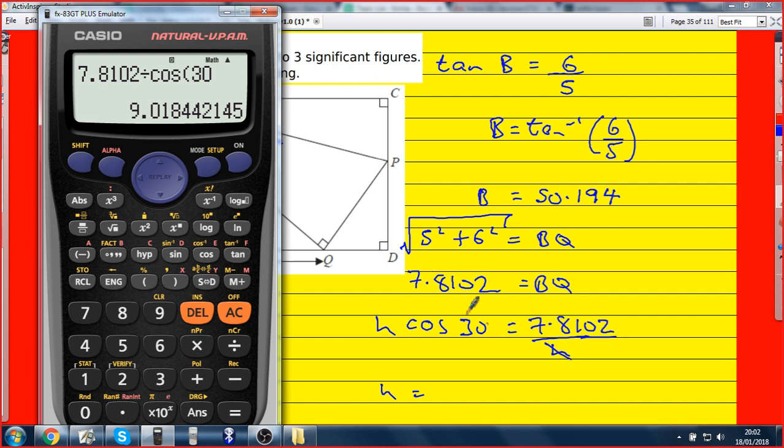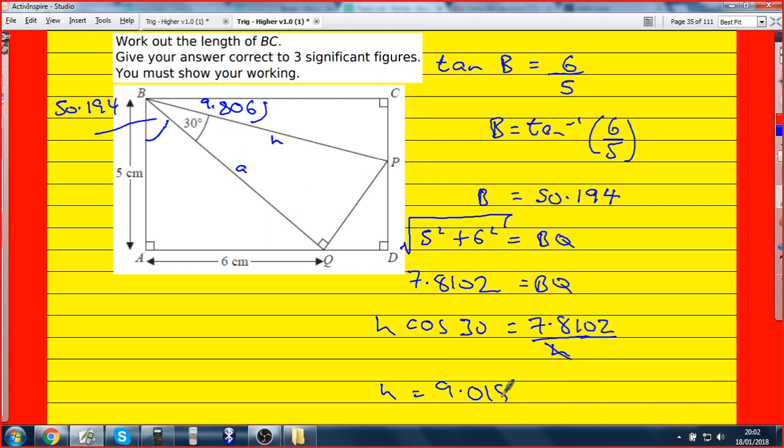Okay, so now finally, that gives 9.0184. So that's that line there, H, and now you have that angle. We want to find the A, so we want the same.